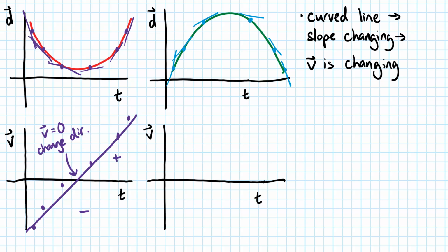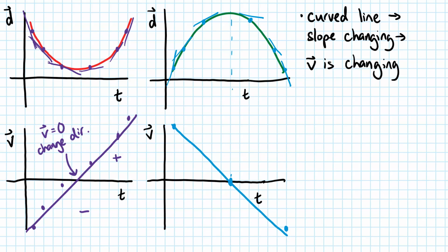And if you look at the direction, your slope is upwards and then your slope goes downwards. So you're changing direction at that middle point right there. So over here, if I look at my points, I'm going from a steep slope in the positive direction. I am changing direction, which means my velocity is going to be 0. And then I speed up again to get to a steep slope or a fast velocity in the negative direction. So my velocity time graph is going to look like that.